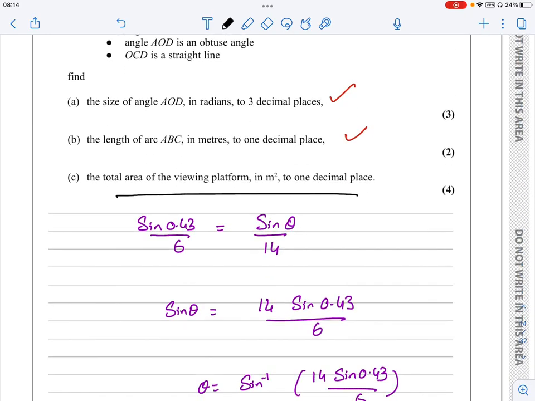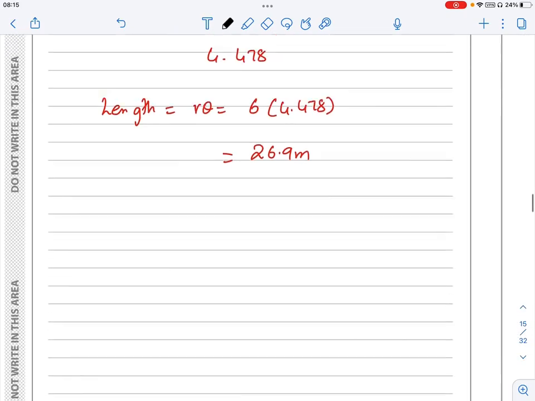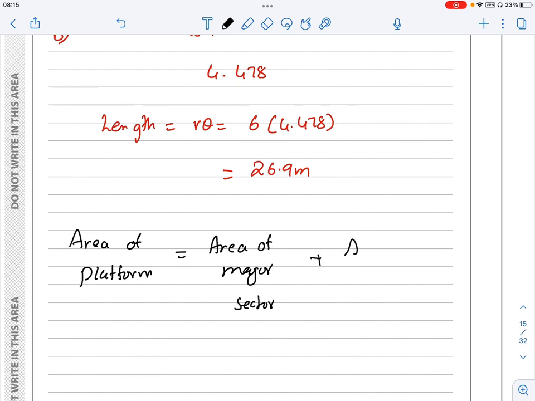So I'm going to find the area of the circle minus the area of the sector. Or else, directly, once I know the outside angle, I can find the area of the major sector. So the area of the platform, the easiest way, is the area of the major sector plus the area of the triangle.